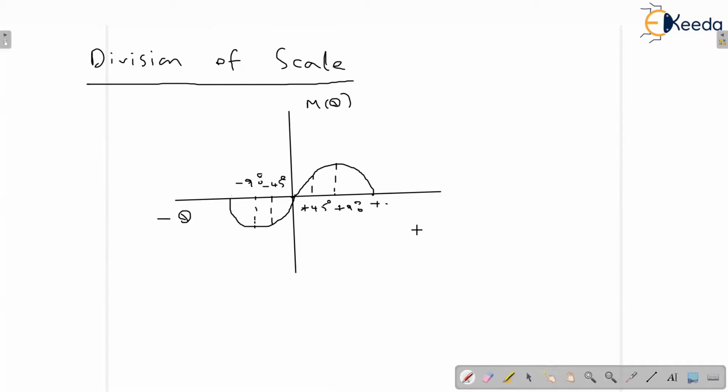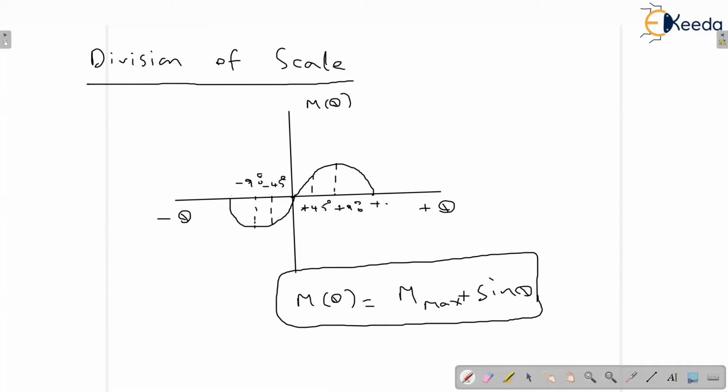For minus theta and for plus theta, m of theta is equal to m max sine theta. Then next, dm by d theta is equal to 1.